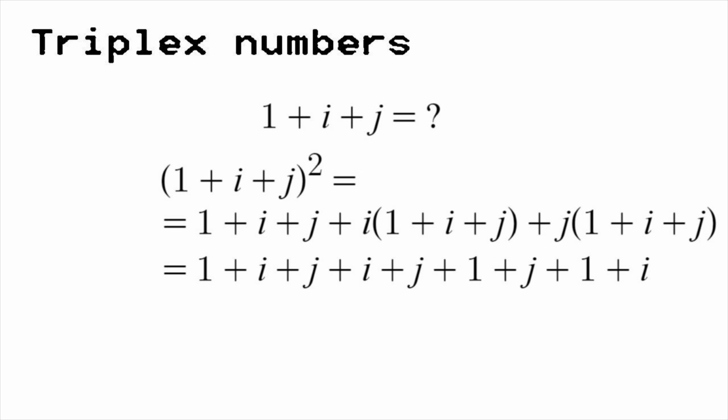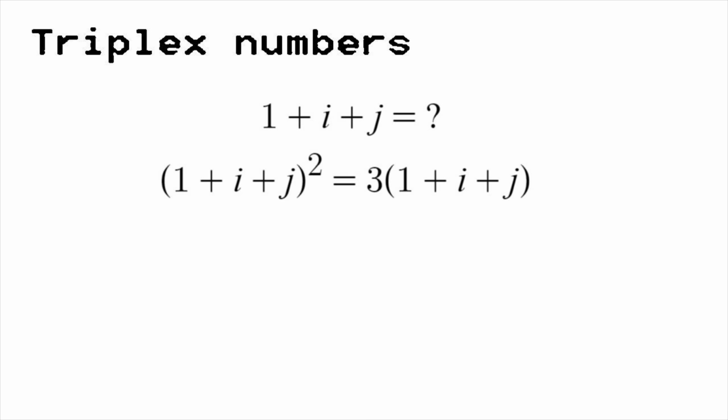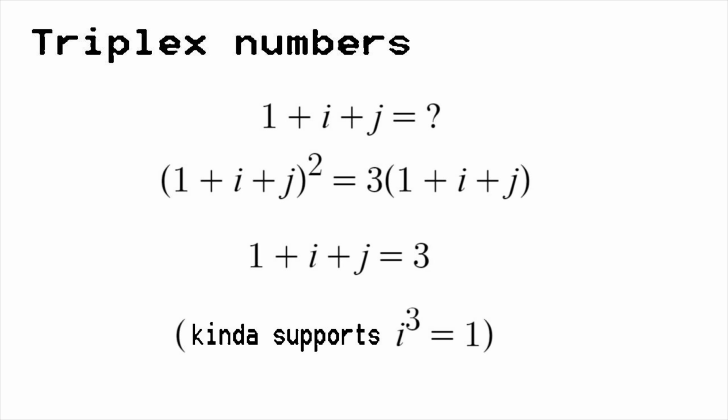Wow. Written more simply as 3 plus 3i plus 3j. By factoring out the 3's, we notice that 1 plus i plus j squared equals 3 times 1 plus i plus j. Hence, by dividing out the 1 plus i plus j, we find it is equal to 3, which demonstrates our first guess at a solution.